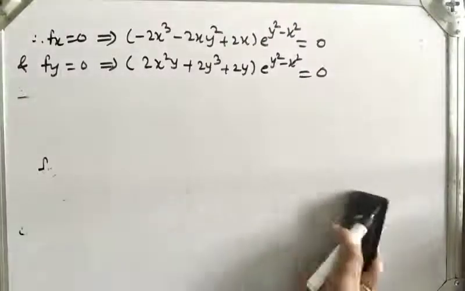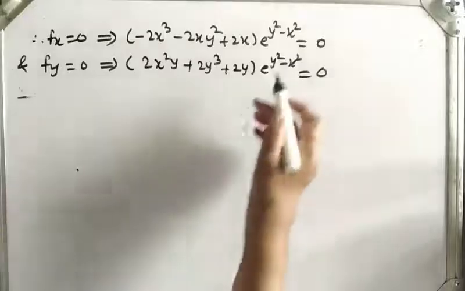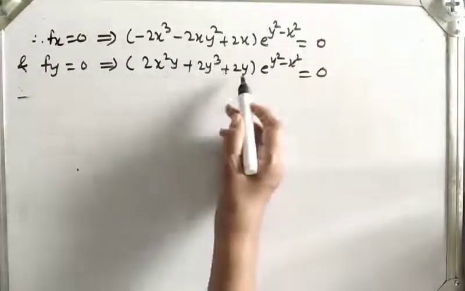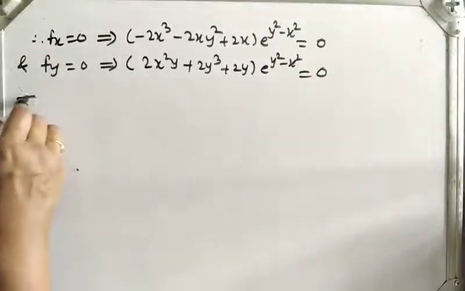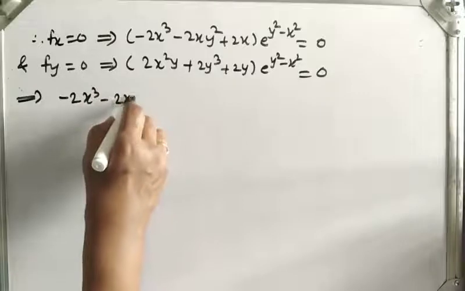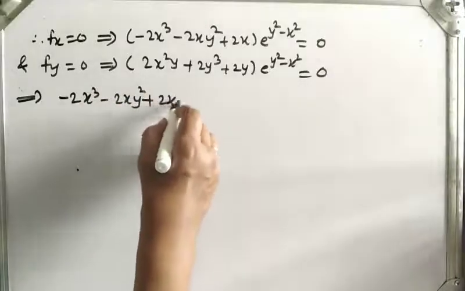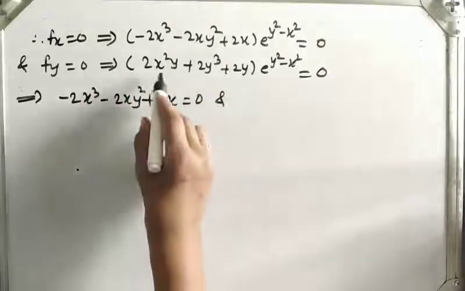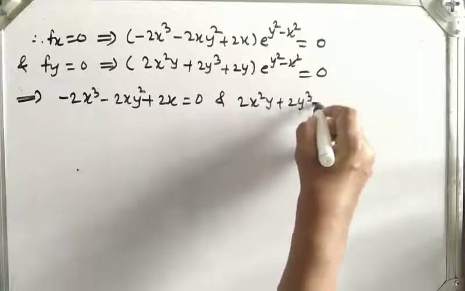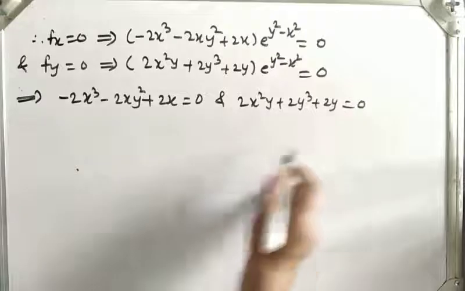Now we know that e^(y² − x²) cannot be 0. So definitely this bracket and this second bracket must be 0. So −2x³ − 2xy² + 2x = 0, and 2x²y + 2y³ + 2y = 0.